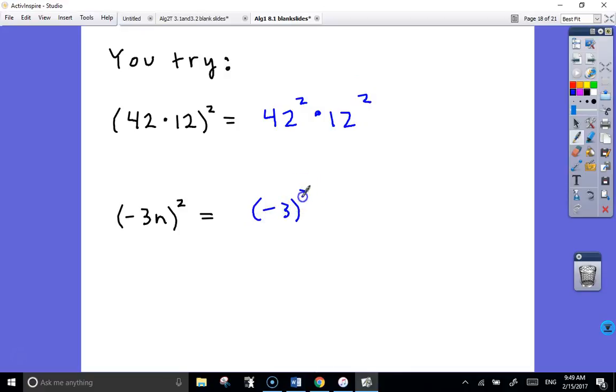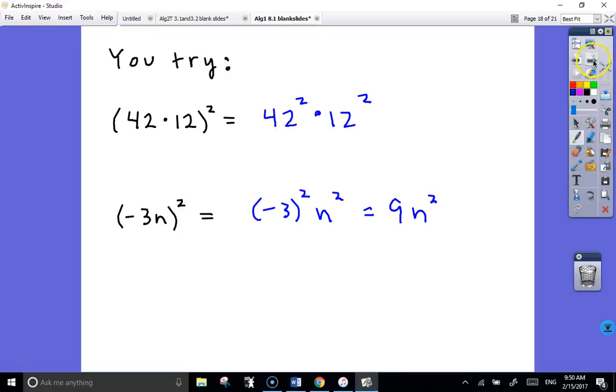So negative 3 squared n squared, but negative 3 squared is positive 9. What do you mean switch to parentheses? No, you don't need it. I put it around the negative 3 again for that same reason. You want to make sure that the negative is part of what's being squared.